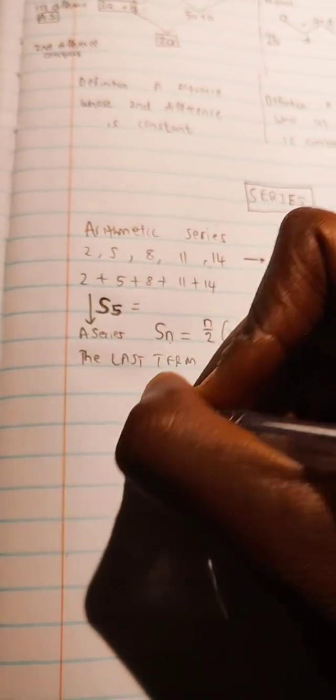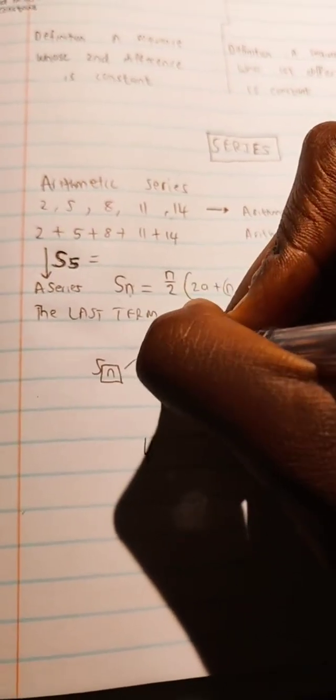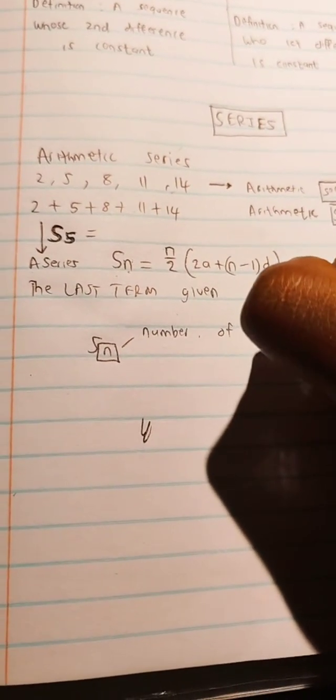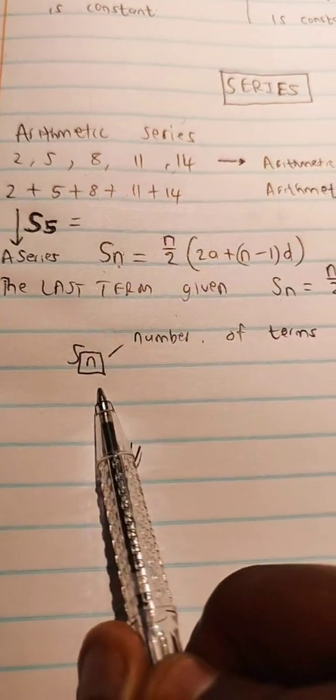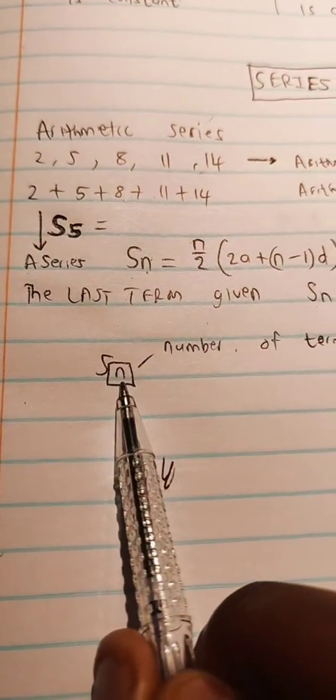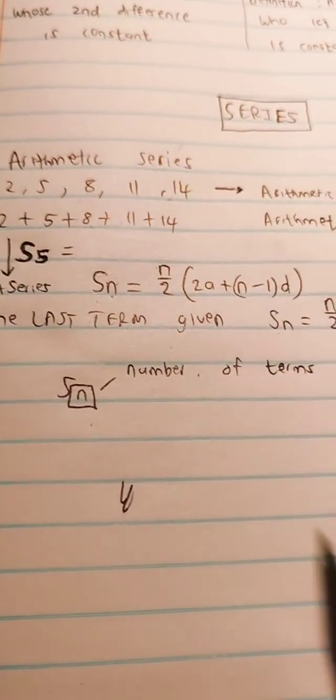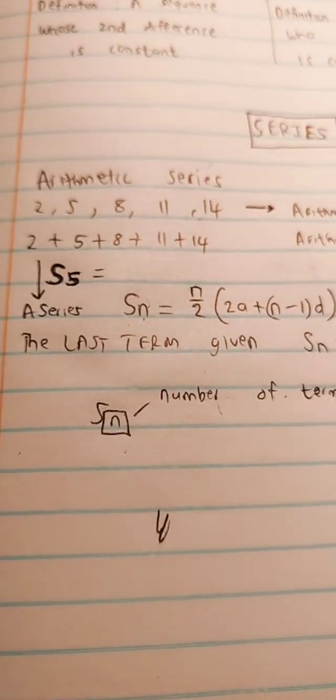This is general: the sum of the first n terms, in other words, the number of terms.